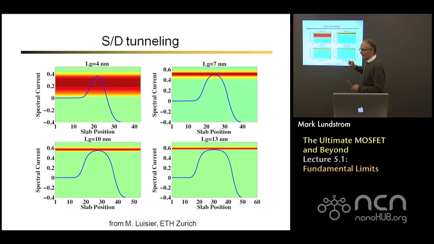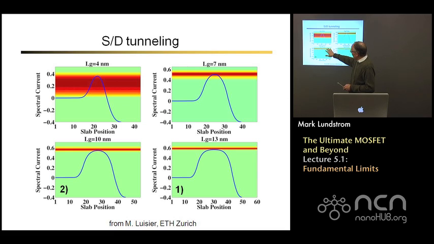So red indicates high current. You can see that when we look at a 13 nanometer channel length device, that's half the size of state-of-the-art technology today, the device still operates like a conventional MOSFET, just the way we've been discussing. The current flows over the top of the barrier. Put a positive gate voltage on, push the barrier down, and we get more current that can flow over the top of the barrier.